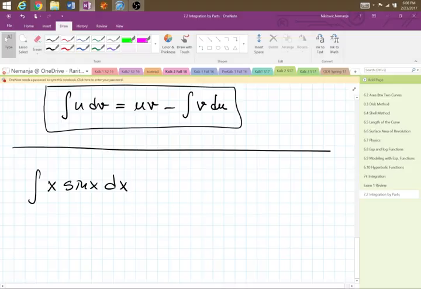Now, there are some guidelines, but they don't always work, and we'll see. In general, we would like to use polynomial portions for u because the derivative would eventually kill it. So, that being said, I'm going to say u equals x, and dv would be everything else.